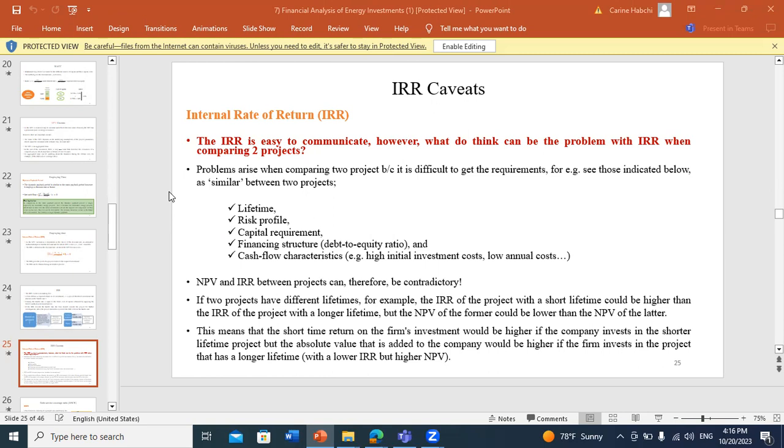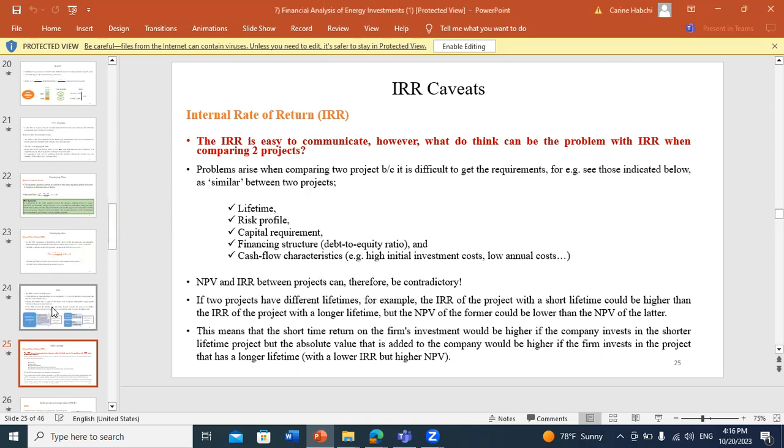But sometimes we'll have, for example, a higher internal rate of return for a certain project, but a lower NPV or lower CER. We'll discuss what we mean by CER now. And therefore, we have a contradiction, so we should make a decision. We'll take together an example to see what is the difference between the two aspects.